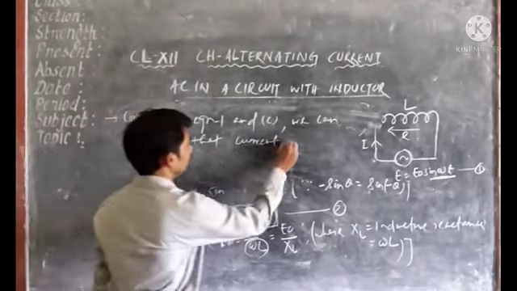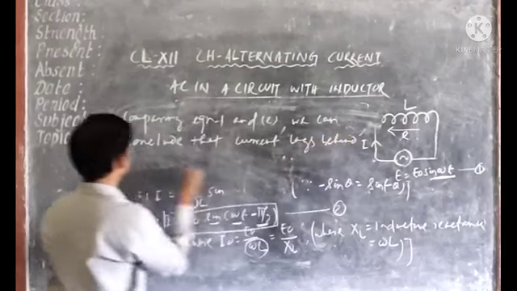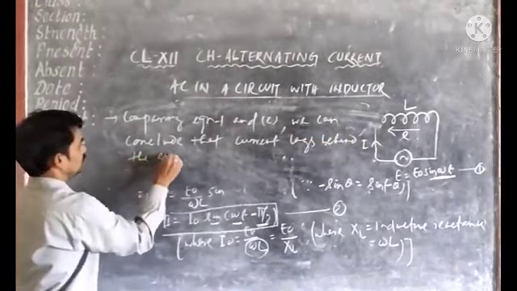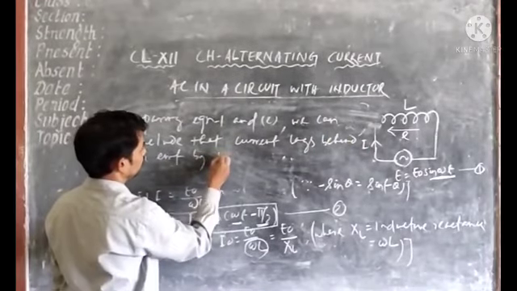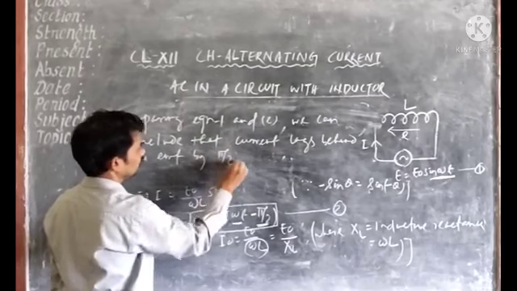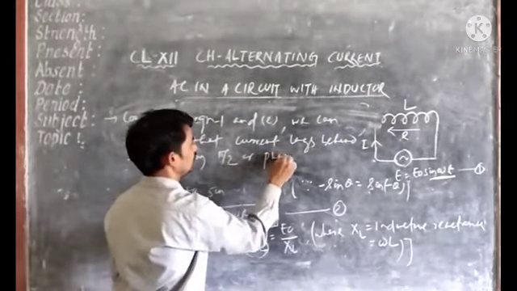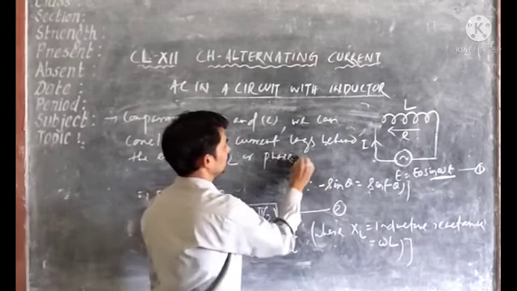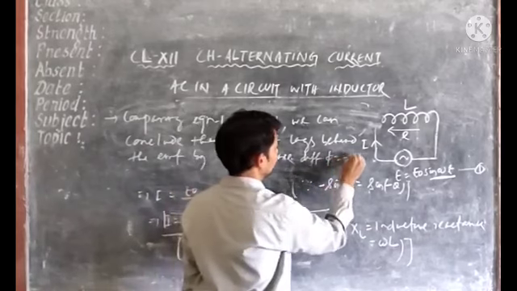So the current lags behind the EMF by a phase of pi by 2, or the phase difference phi between EMF and I is equal to minus pi by 2.